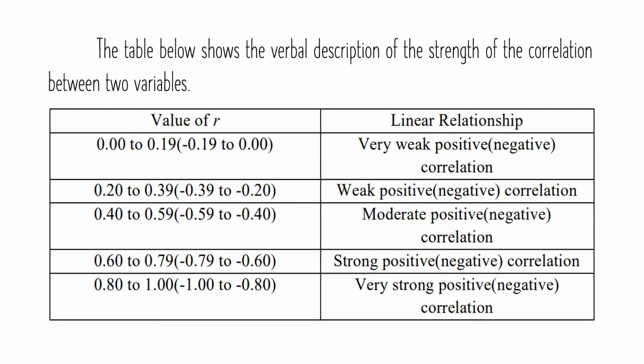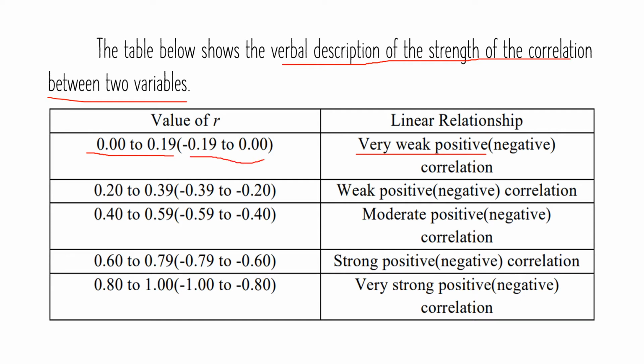The table below shows the verbal description of the strength of the correlation between two variables. Here there is a given range of values of r, and for each value or range of values of r there is a corresponding description of the linear relationship. From 0 to 0.19, that will be a very weak positive correlation.